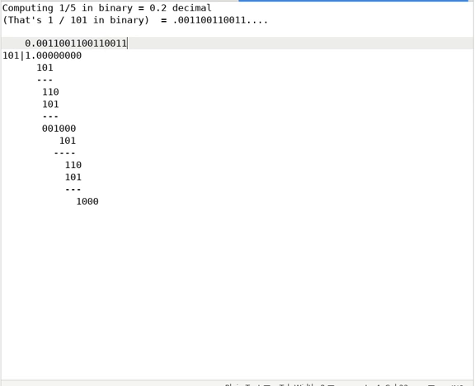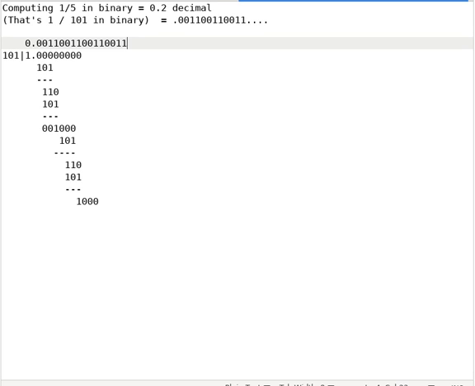So 1/5 in binary is an infinite repeating fraction, which means that if I take 1/5 and I'm going to only represent it to so many sig figs, even if it's 24 sig figs, it's only so many. If I take 1/5 and multiply it by 5, I might not get 1.